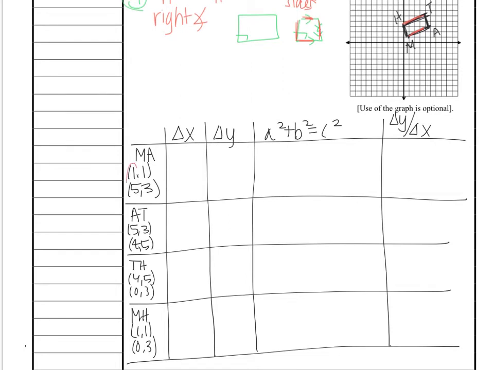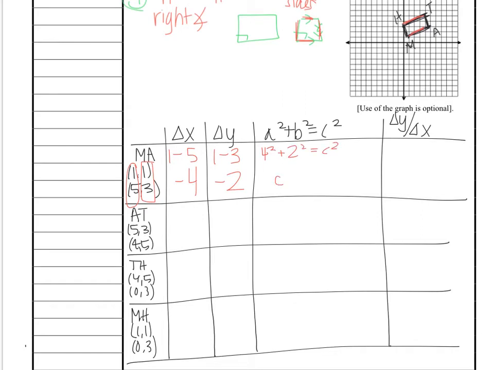So the first one, change X, I do 1 minus 5 gives me -4. And then change Y, I do 1 minus 3 gives me -2. I plug both of them into the Pythagorean theorem, and I have 4 squared plus 2 squared equals C squared.